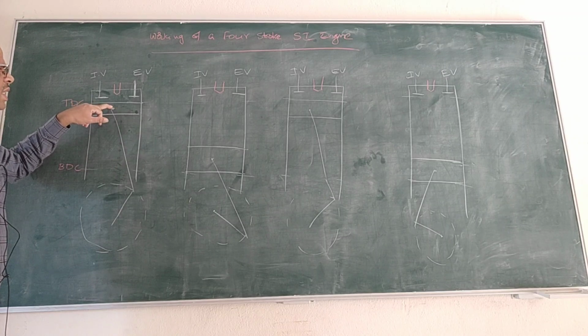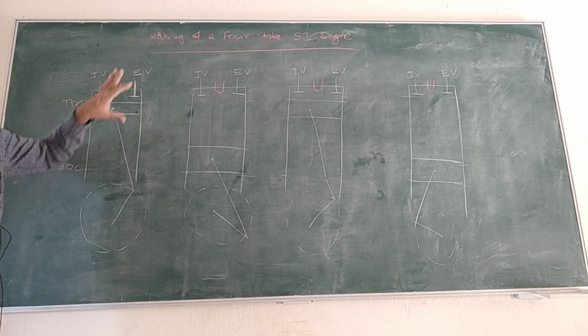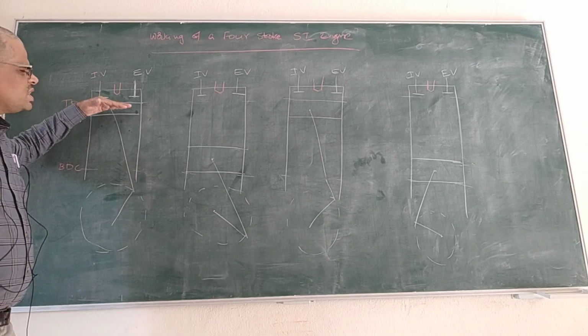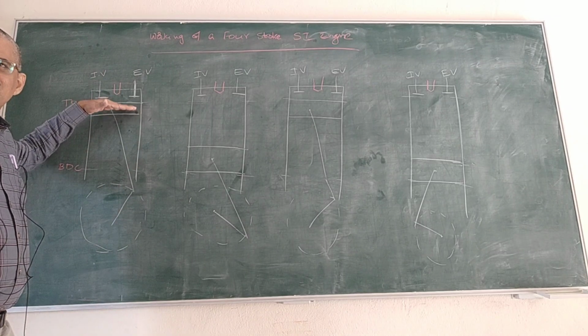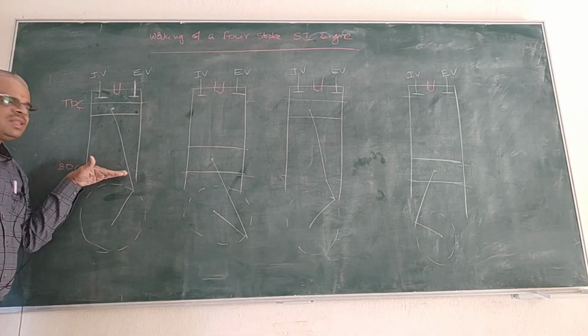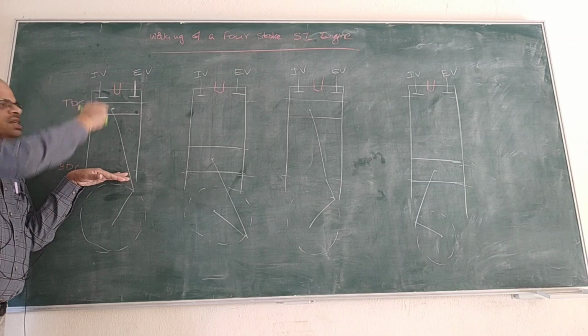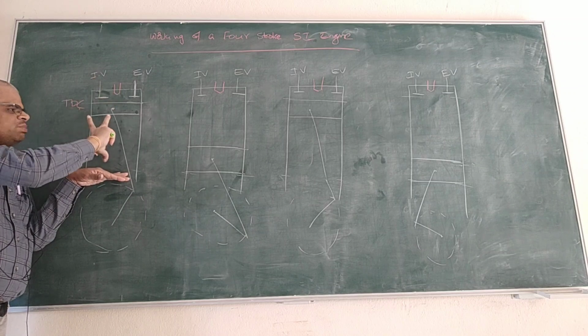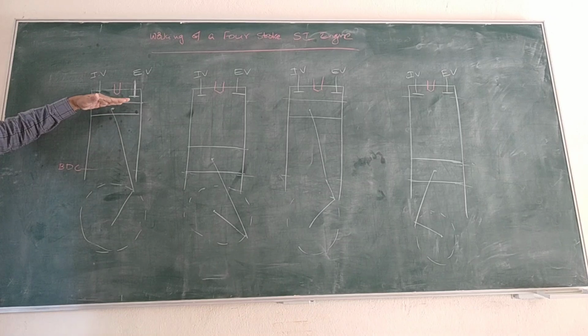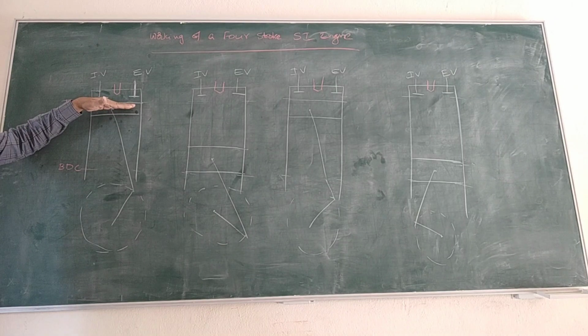Both swept volume and clearance volume constitute the total volume of the engine. So when the piston is at TDC, the volume above the piston is called as clearance volume, and when the piston is at BDC, the volume above the piston is the total volume. This clearance volume plus this stroke volume. Is it clear?